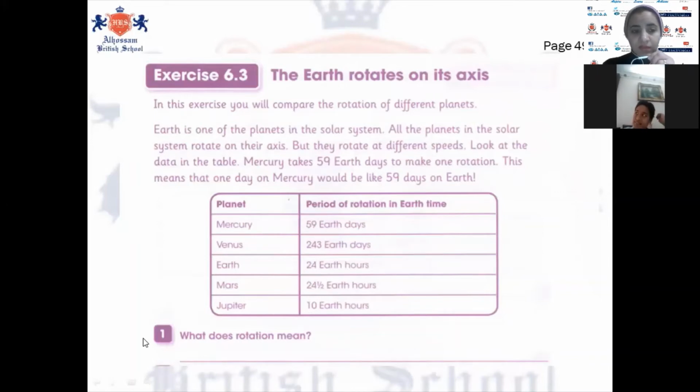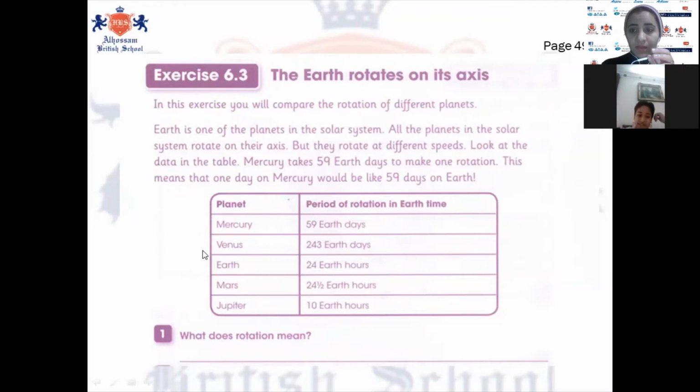Okay, tell me the answer. Rotation means to move around itself. Okay, rotation around its axis. Excellent, Yusuf. So the revolution is?